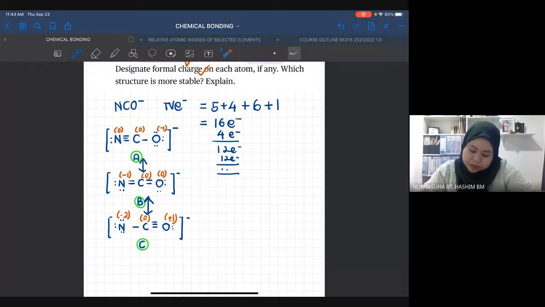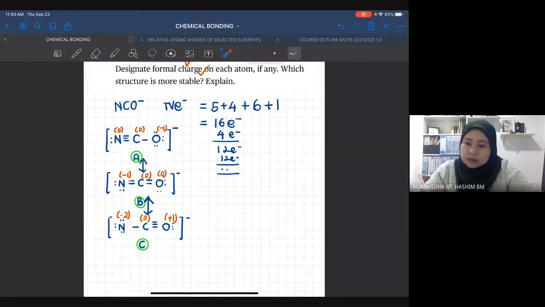Okay, so back to question again. Between A dengan B, the only difference, jangan tengok pada double bond, jangan tengok pada triple bond tau. Tengok pada formal charge tu. Okay, the only difference between A and B adalah formal charge on oxygen dengan nitrogen. Okay, oxygen for A is -1. For B, the negative charge is on nitrogen.